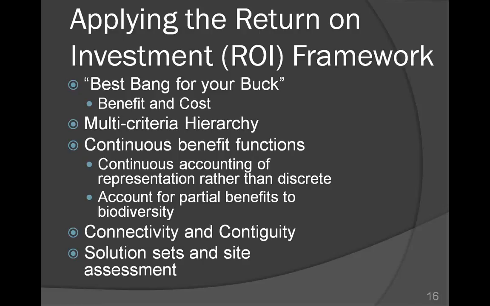It's when in Marxan, for instance, you set a target of, say, 25% for a particular habitat, and you've either met that target or you haven't. And the continuous benefit functions are much more nuanced than that.